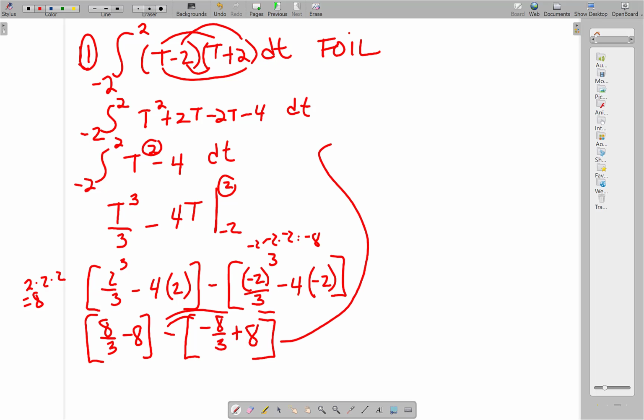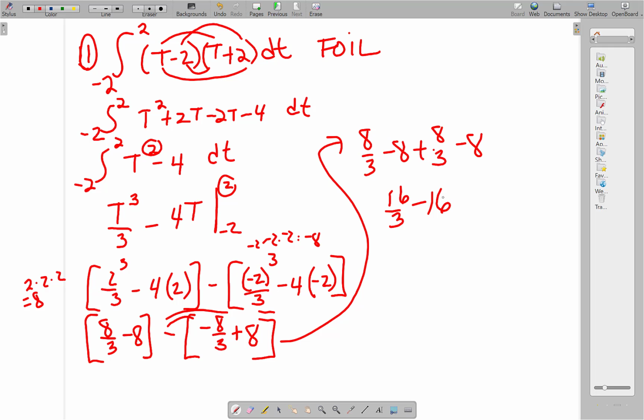So this would be rewritten as 8 thirds minus 8 plus 8 thirds minus 8, which gives us 16 thirds minus 16.